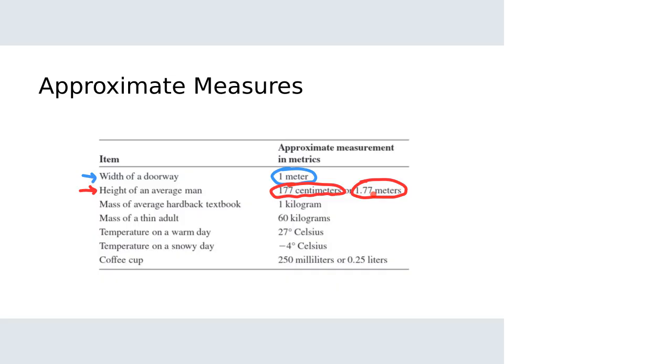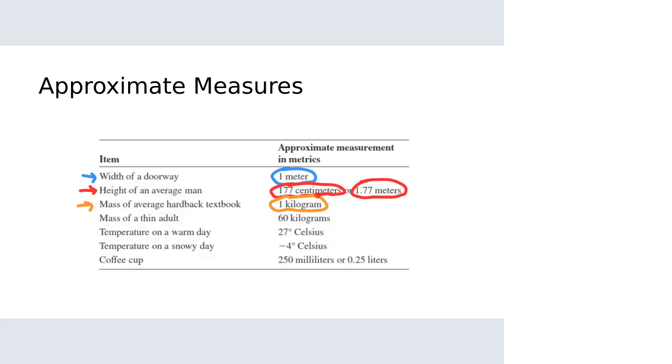Now we get into weight or mass. The mass of a hardback textbook is about 2.2 pounds. So that's about 1 kilogram. And this is strictly just to give you a frame of reference. You're going to see questions that ask which one of these goes best with which one of these, almost a matching type of thing.